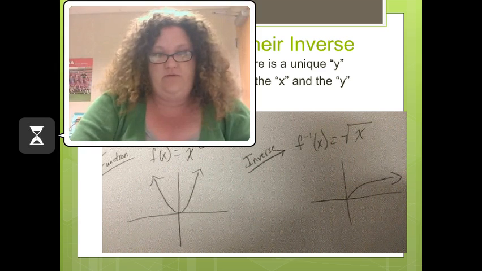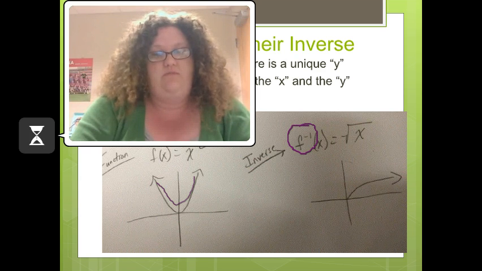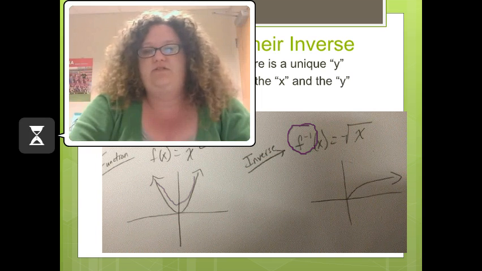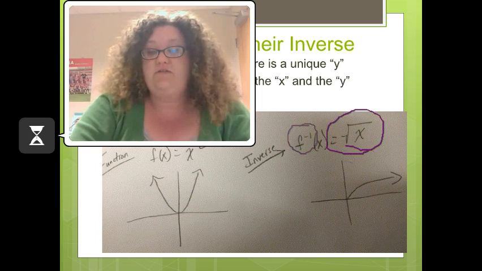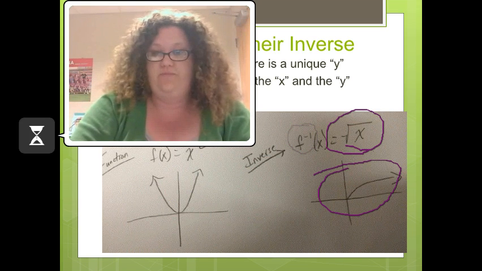We start with the original function, x squared, which makes a nice parabola. The notation for the inverse is f to the negative 1 power. The inverse of x squared is the square root of x, and when you graph it, it looks like so.